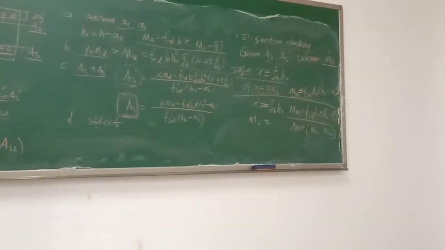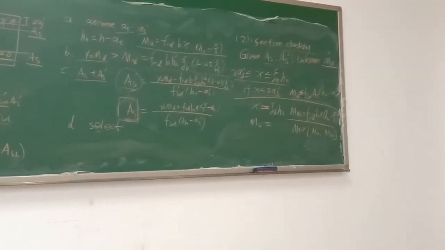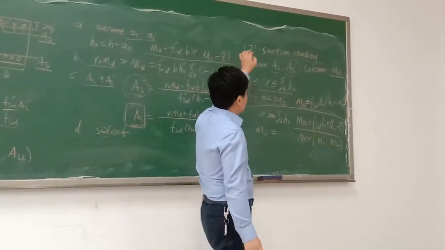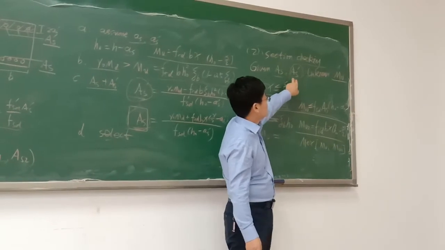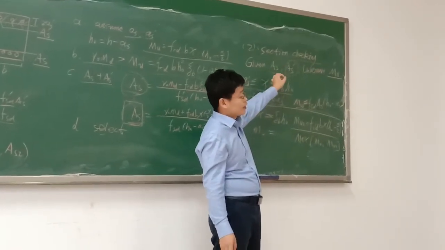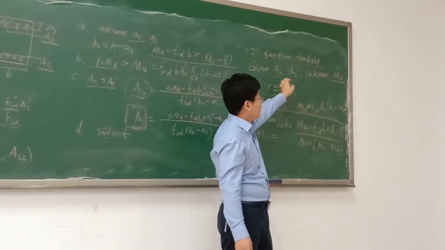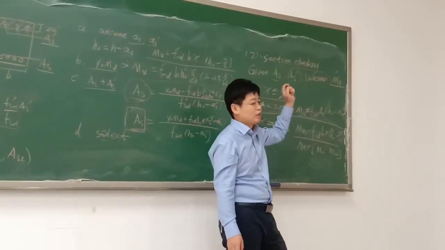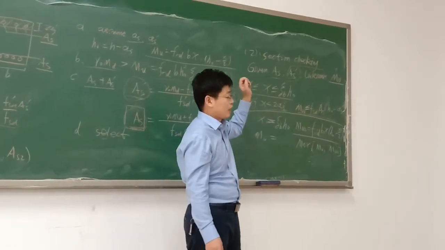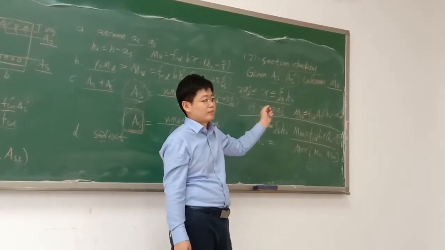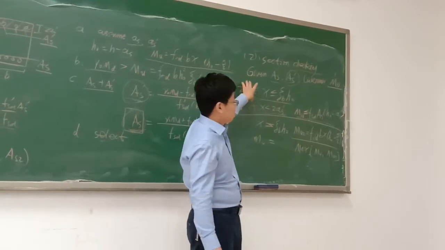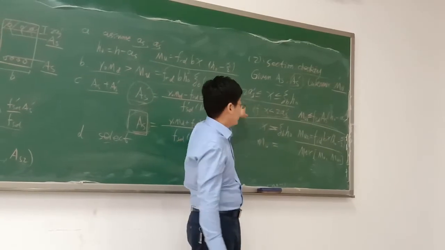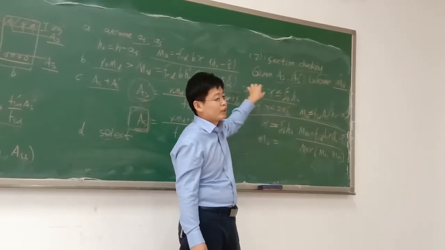So this part is the section check of the double reinforcement beam. That means once you have As and As prime, we need to check whether this design is okay or not. We need to calculate mu, the resisting force. If the resisting force is larger than the external force, then for the best situation, with x in this range, you can use the physical equation directly to calculate mu.